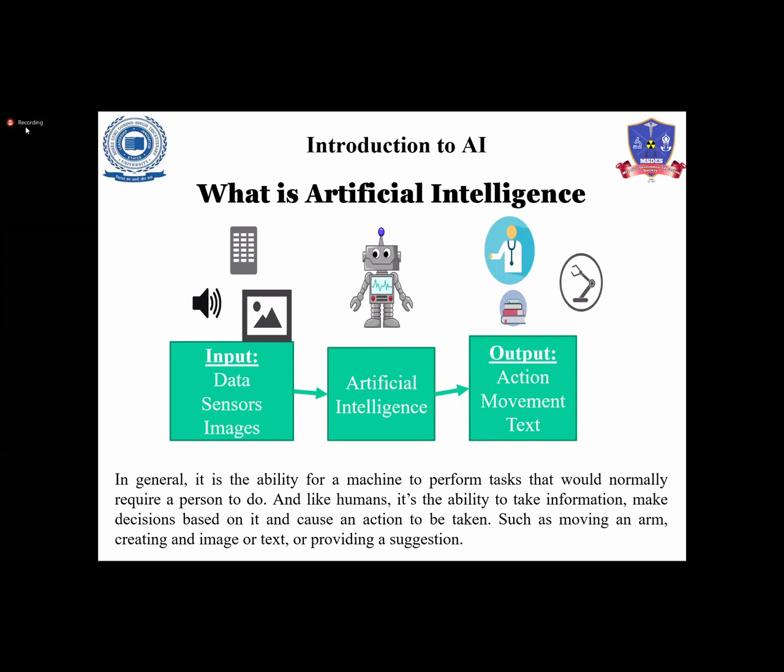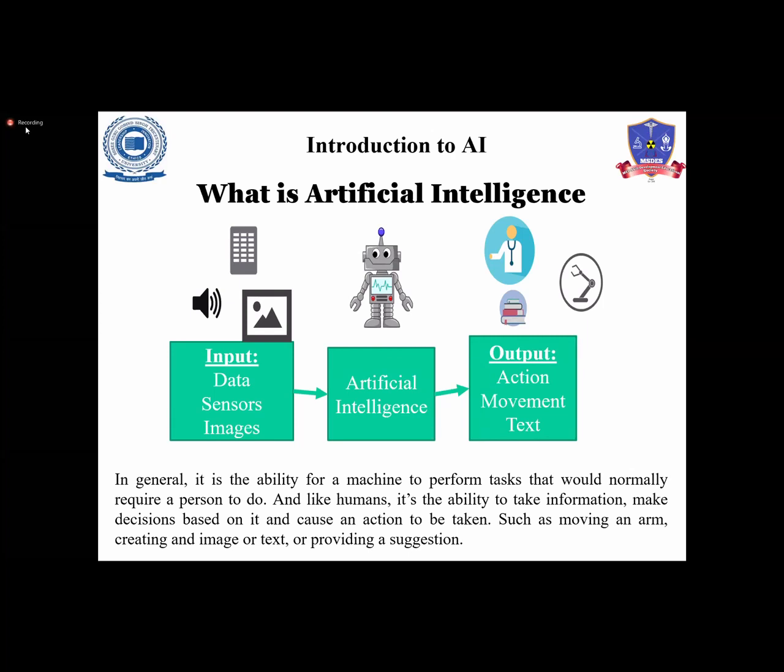We have to learn about it, so that we can easily know how it works, how its patterns work, and how we can improve our equipment, because it learns on a daily basis. Here is the example: when they input data, such as sensor images, it goes through the artificial intelligence and gives us an action, movement or text.